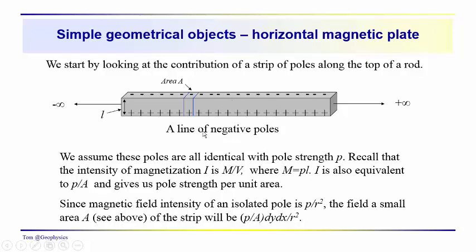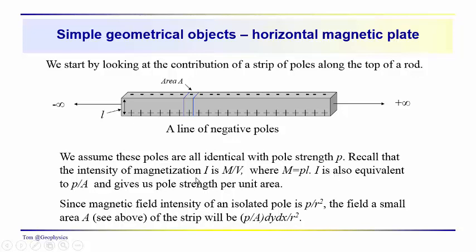But right now we're going to take a look at a line of negative poles. These poles have the same pole strength P, the intensity of magnetization M over V. M is the dipole moment, magnetic dipole moment, the product of the pole strength times the pole separation.